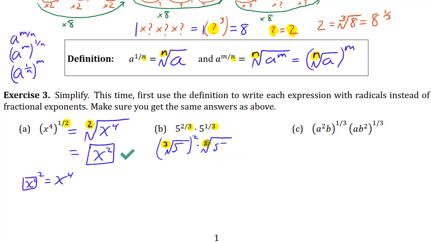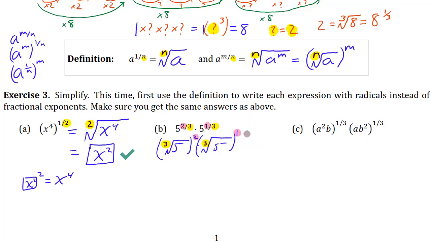All right, so what we have is a cube root squared times a cube root. You could think of this as just to the power 1 here, with these numerators becoming the number of copies you have. So if you have the cube root of 5 squared, and then that to the power 1, that's a total of 3 copies being multiplied.